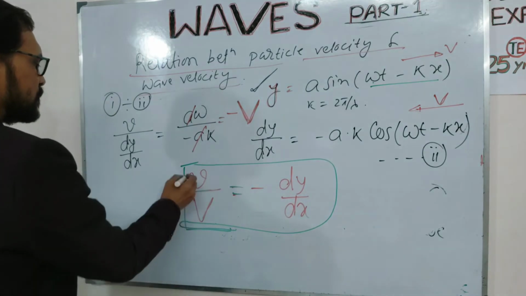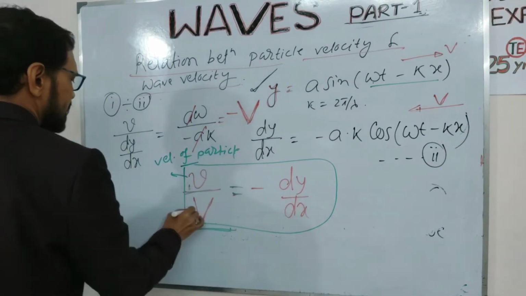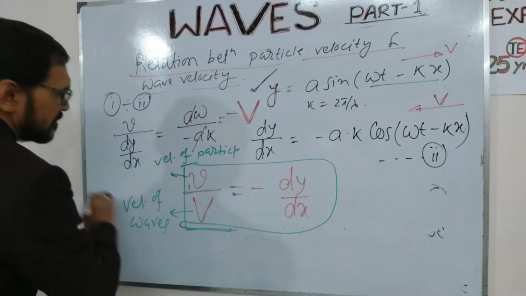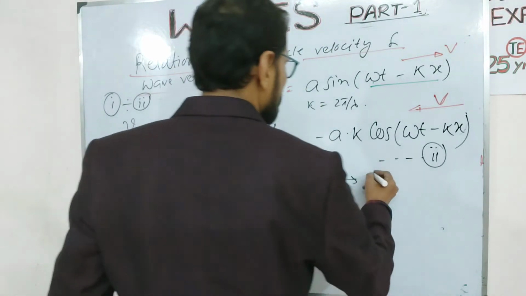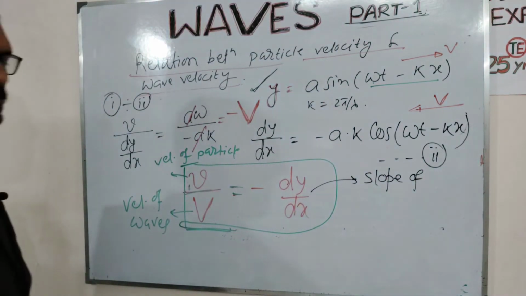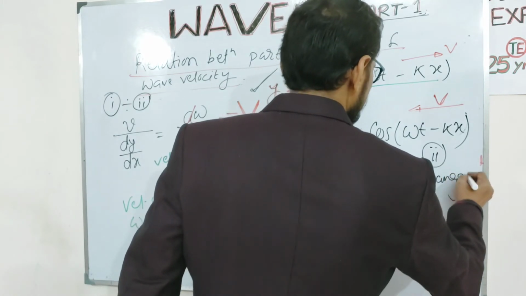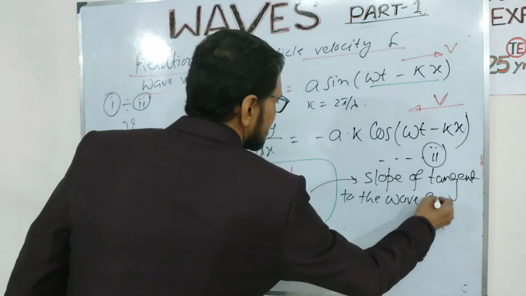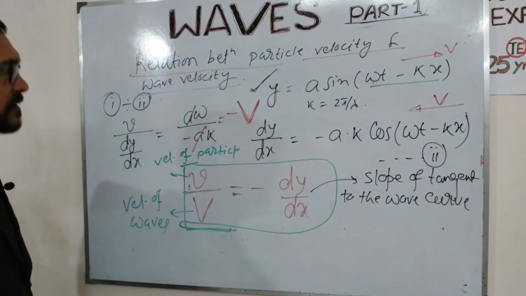What is v? v is the velocity of the particle and capital V is the velocity of the wave, and dy/dx is the slope of the tangent to the wave curve. So this is the relation.